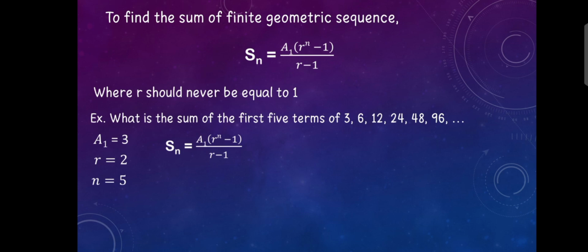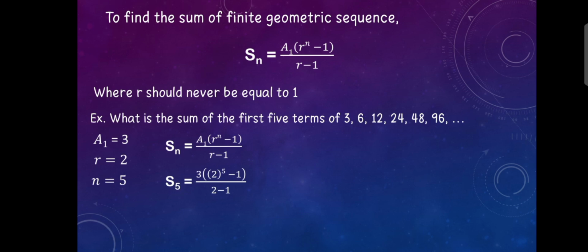S sub n is equal to a sub 1, the quantity of r raised to n minus 1, over r minus 1. Now we will substitute our given to the formula. S sub 5 is equal to 3, the quantity of 2 raised to 5 minus 1, over 2 minus 1.